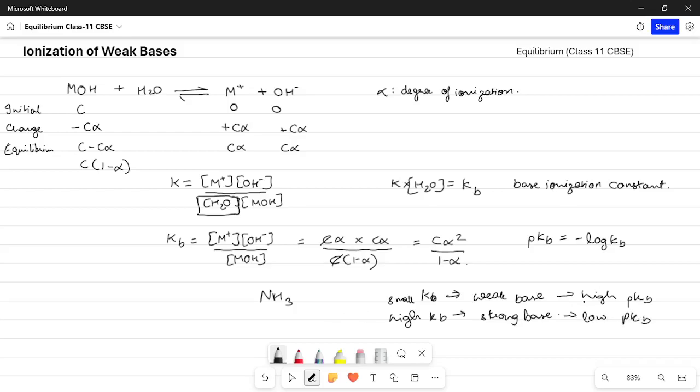The important thing from the previous video and this one is more related to the numericals, so definitely check those out, because the more you solve them, the easier it is to understand how to solve them. But it's very essential, and the reason this video is important is because you need to know the relationship between the value of Kb and pKb in relation to the strength of a base.